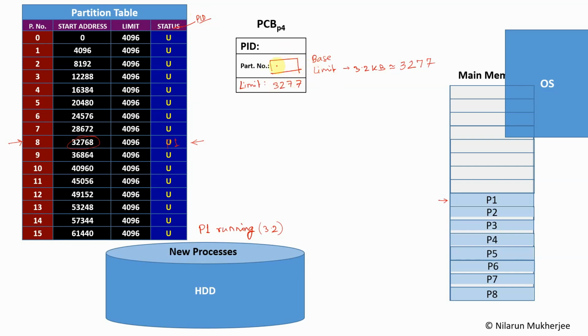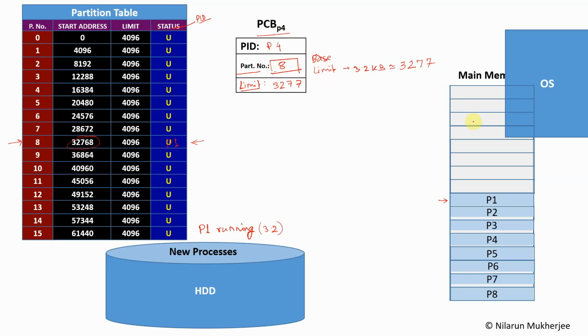So the PCB of P1 has the PID, and instead of base and limit, it will have partition number and limit.